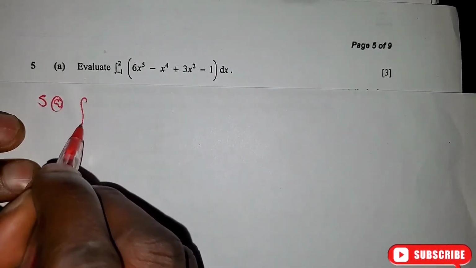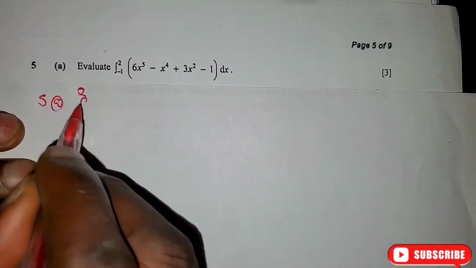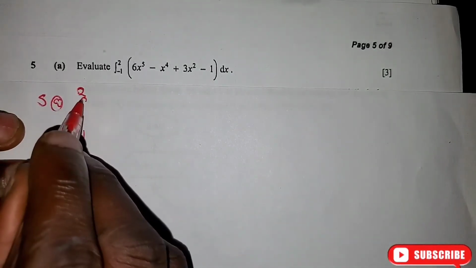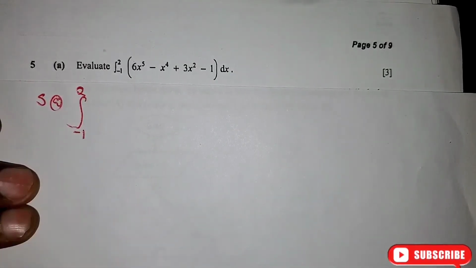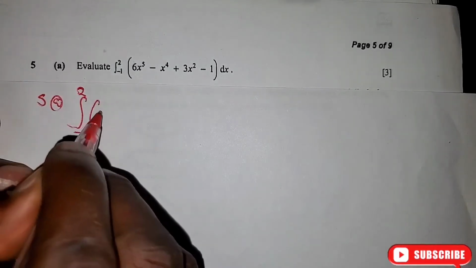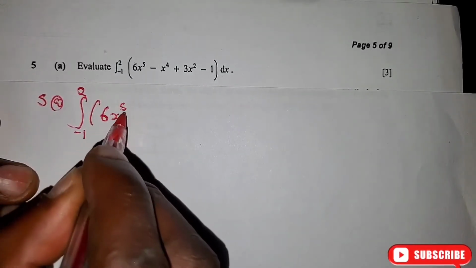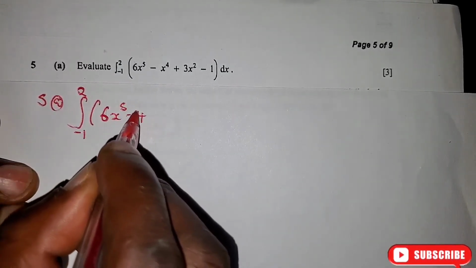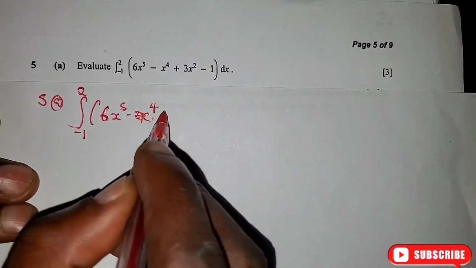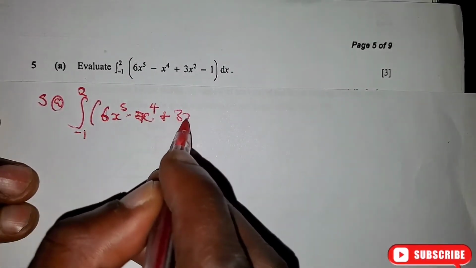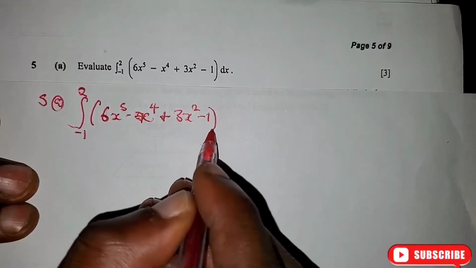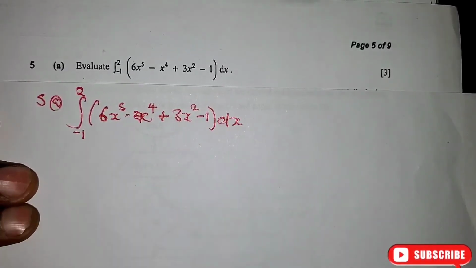We are asked to evaluate the integral with upper limit 2 and lower limit -1 of (6x to the power 5 minus 4x to the power 4 plus 3x to the power 2 minus 1) dx.